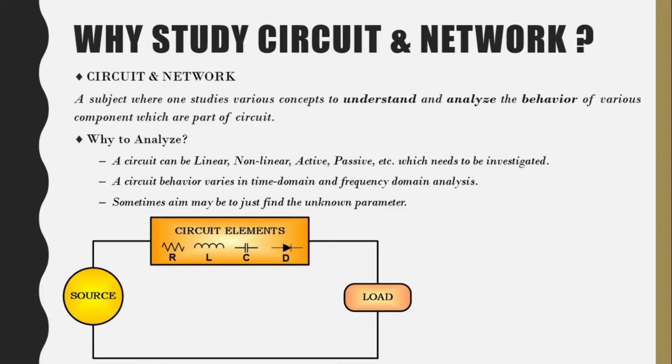Now, if you vary source, there would be some effect on the load. If the load is varied, there would be effect on the circuit elements and the source too. So all the elements which are present inside this circuit can be said as they all are relying on each other. Any change in any of the element will affect the other element.